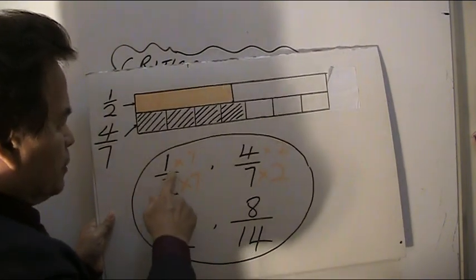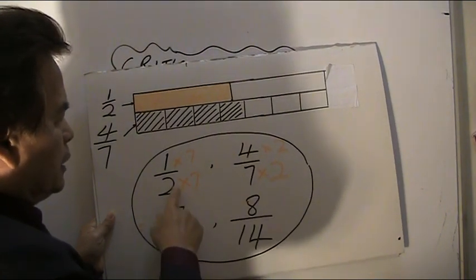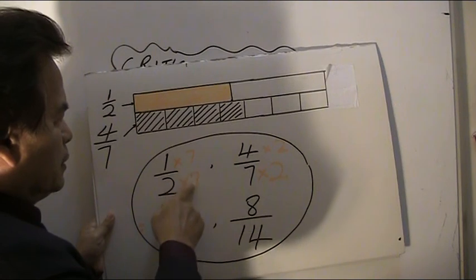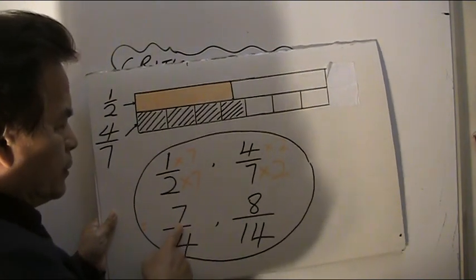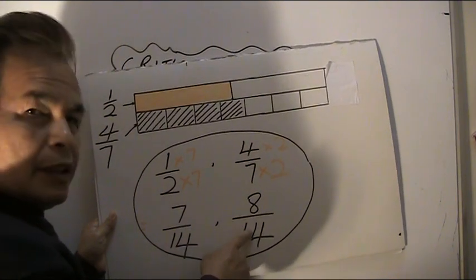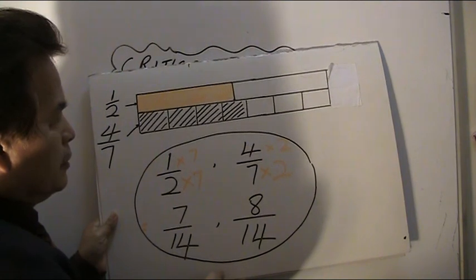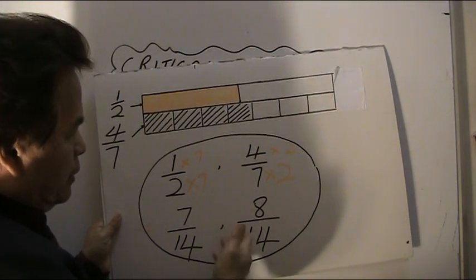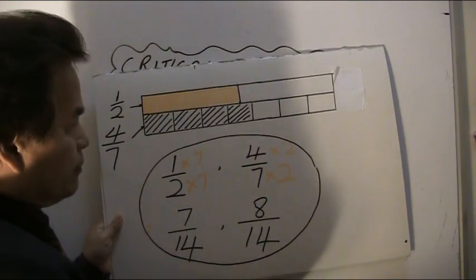They multiply by 7 here and by 2 here. So you get 7/14 and 8/14. And then they can compare the two fractions. Of course, they can see that 8/14 is bigger than 7/14.